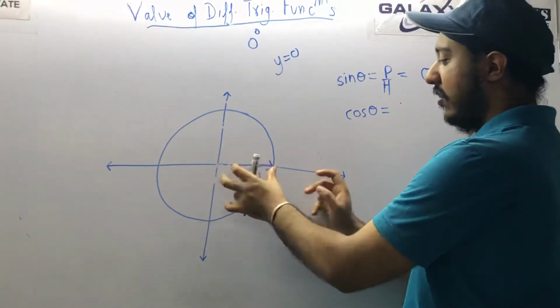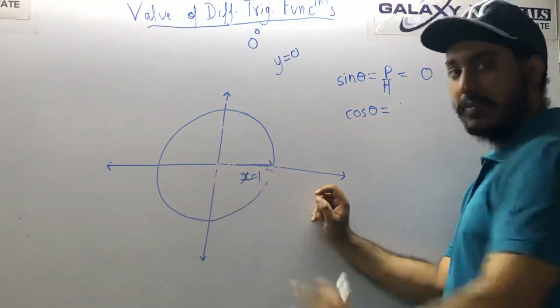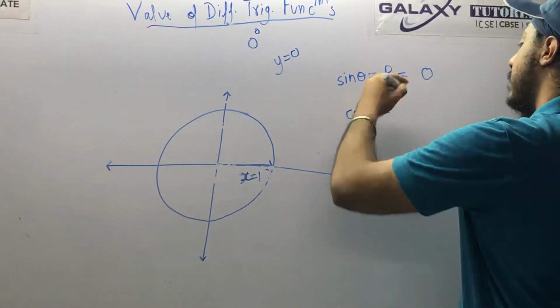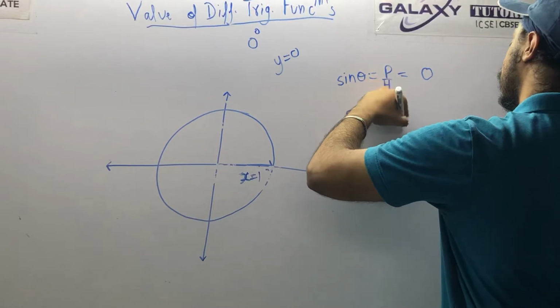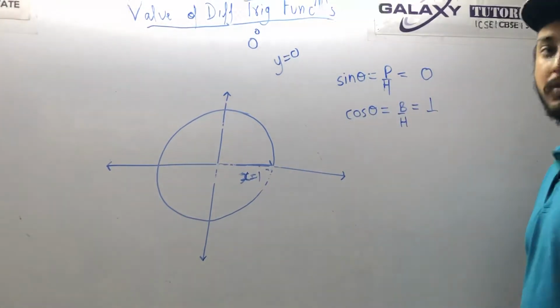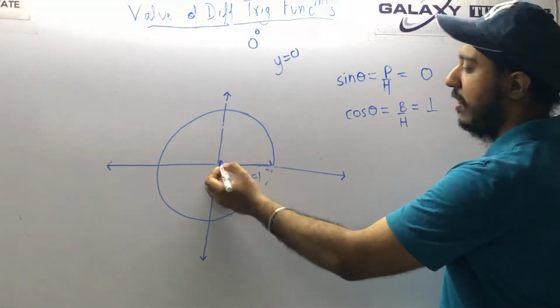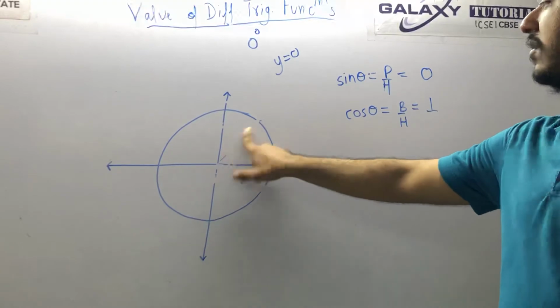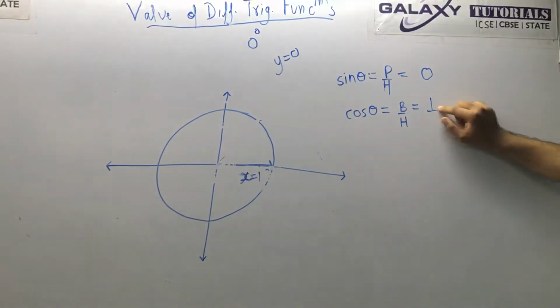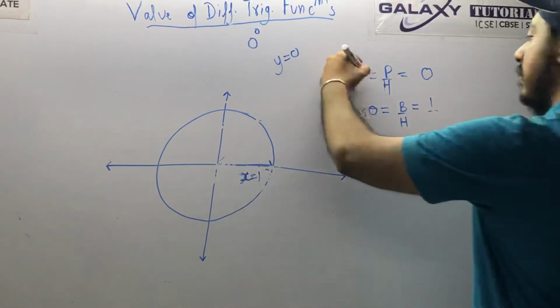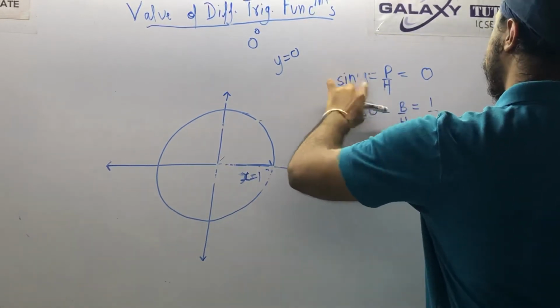In this direction, this much distance will also be 1. So base upon hypotenuse is 1, and the hypotenuse will also be 1, because 1 is the radius of the circle. So cos of 0 will come out to be 1.